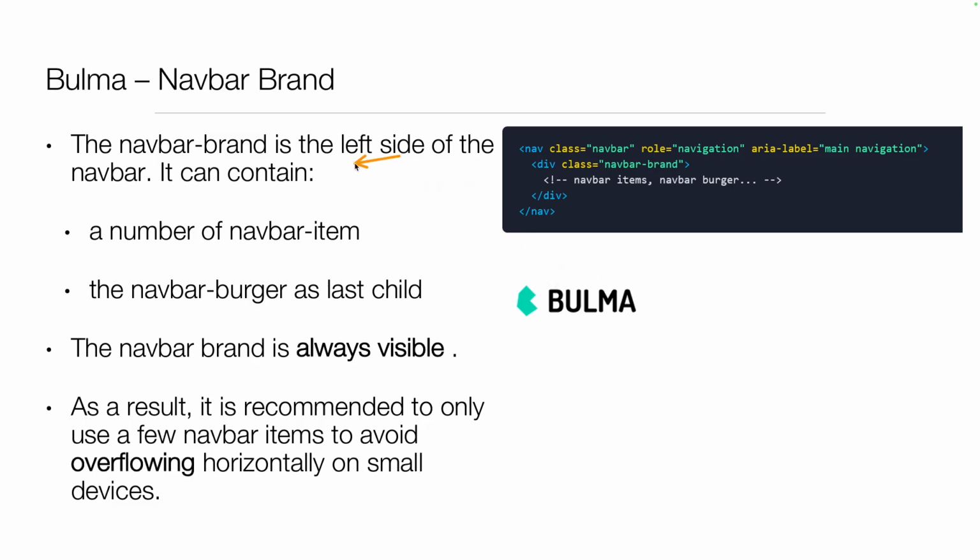So the navbar brand is on the left-hand side of the navbar, and I can have a navbar item, navbar burger, and it's always visible. It's recommended to only use a few navbar items to avoid overflowing horizontally on small devices. So yeah, you'll notice that when you play around with things. We won't get too much into optimizing things like this for mobile, but you'll see it'll mostly work.